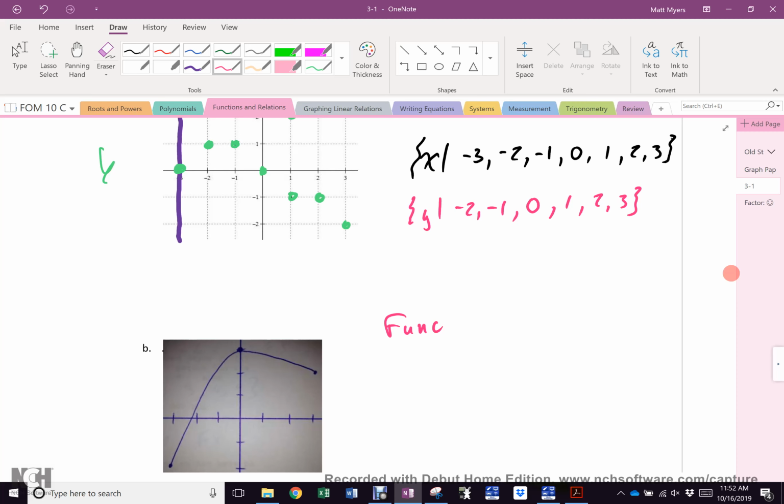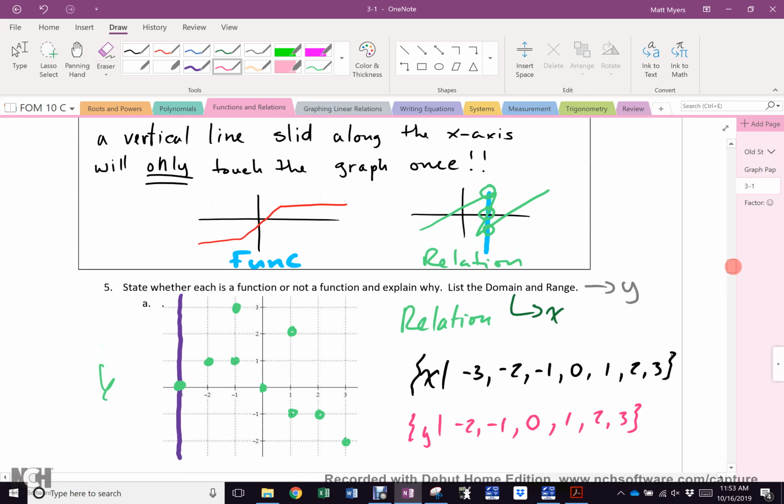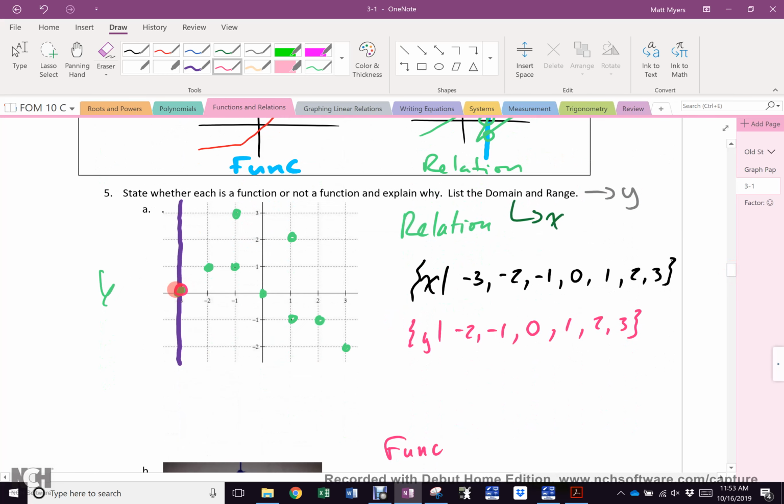But in actuality, what is different is the A is a series of points, isn't it? And B is a solid line, right? So our domain and range cannot be written this way, can it? Because in the original one, there's an x value, there's an x value, yes?